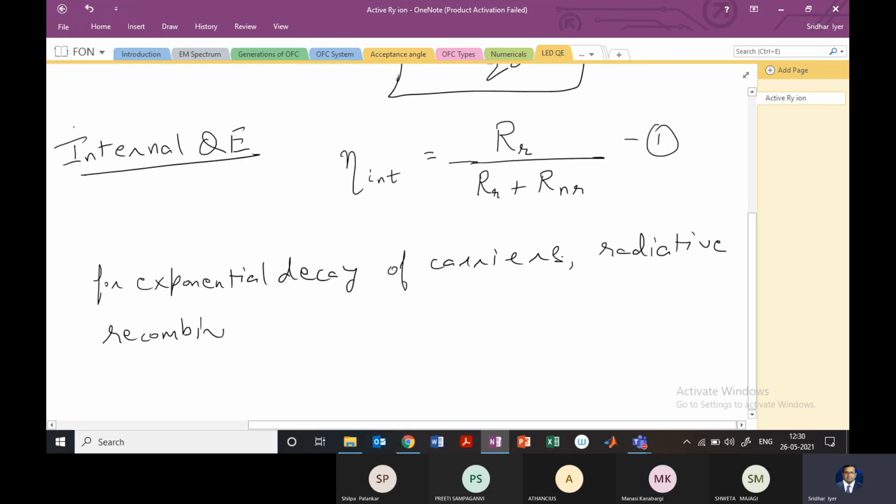The radiative recombination lifetime, we'll call that tau_r, as we have defined previously.